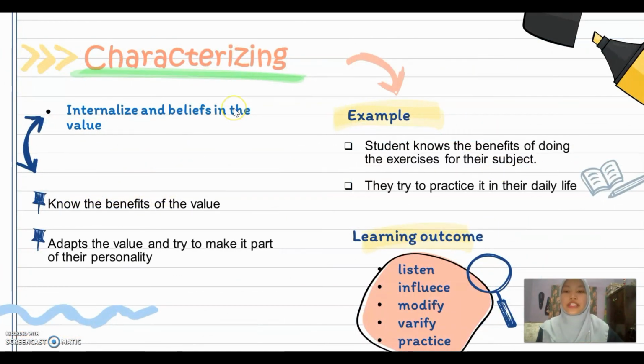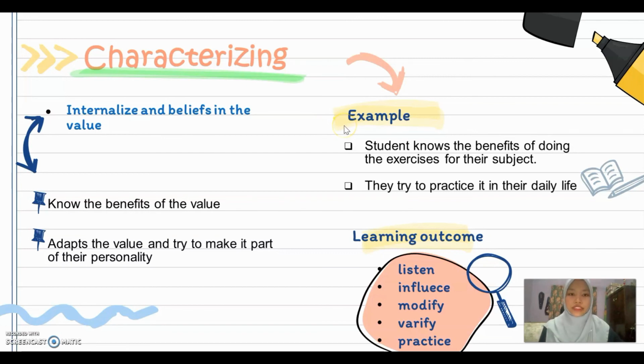The fifth stage is characterizing, the last stage of the affective domain, which is to internalize and believe in the value. After students know the benefits of the value, they will adopt the value and try to make it part of their personality.